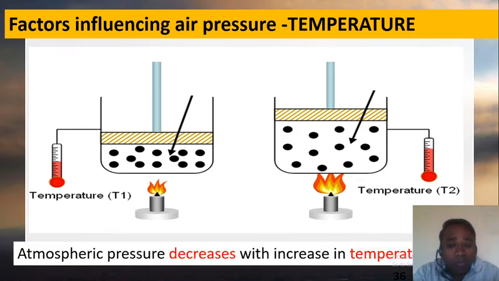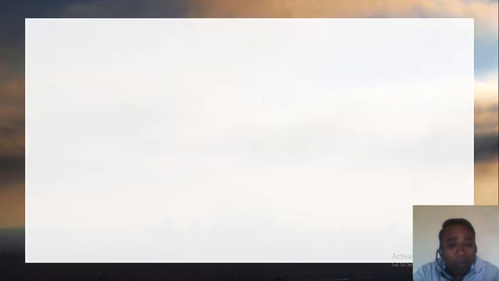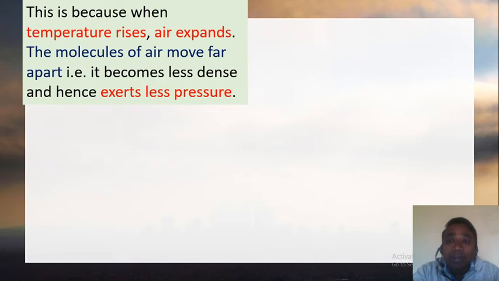So atmospheric pressure decreases with an increase in temperature. Because temperature rises, the air molecules get energy, move away from each other and expand, which in turn exerts less pressure, right?